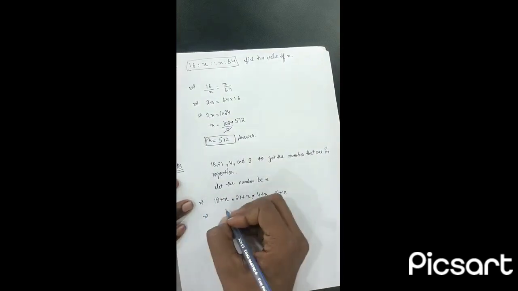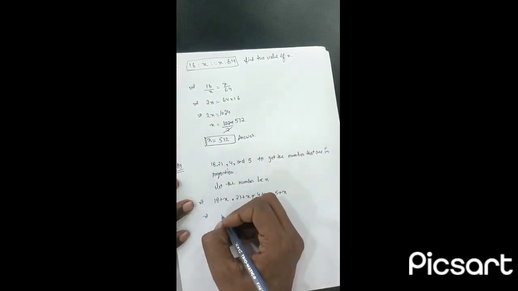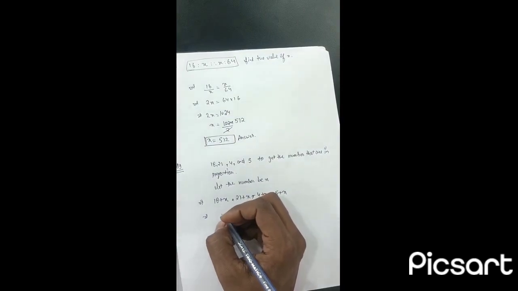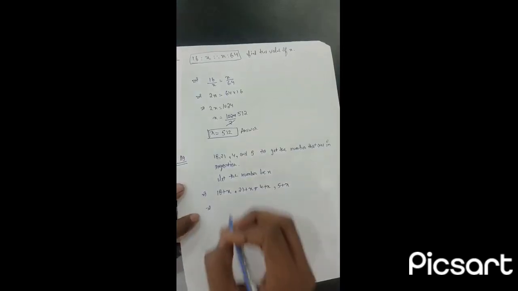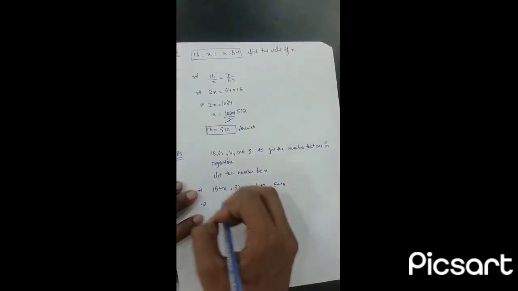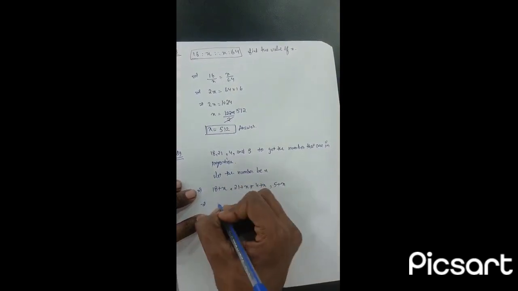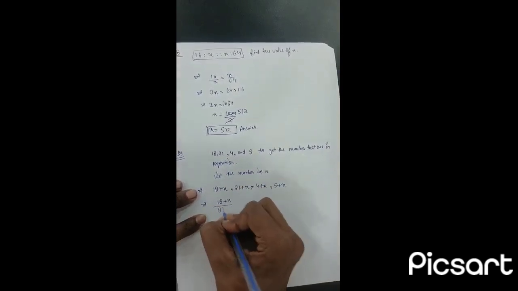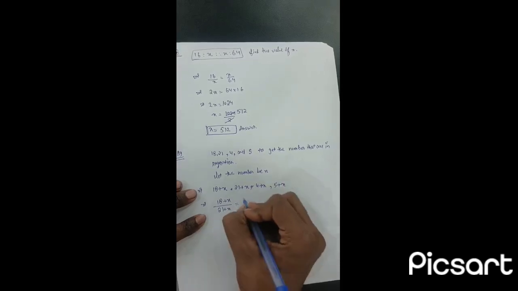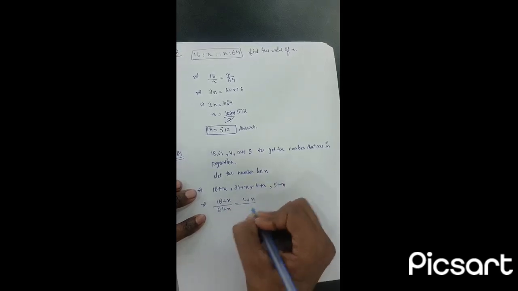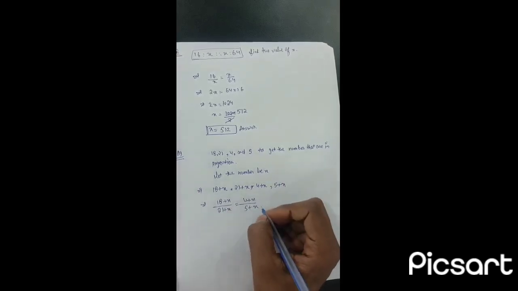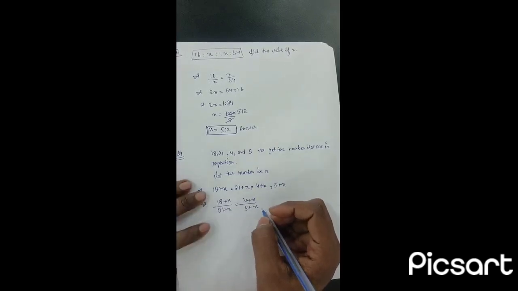Now we have formed this. Now we have to write it like this: 18 plus x upon 21 plus x is equal to 4 plus x upon 5 plus x. I have told you how to solve this question.